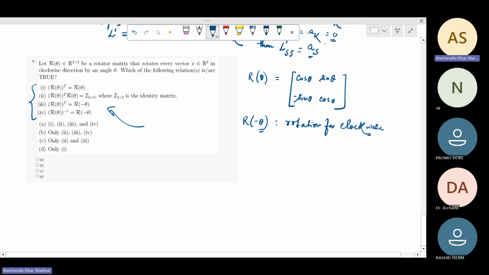Check these identities. Okay. On to the fifth problem.